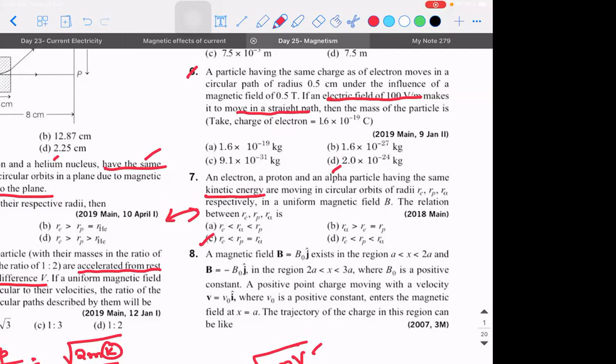That's right. So we need not do this question, right? The calculation part, I hope you guys will do it. Shall we move on to the concepts?